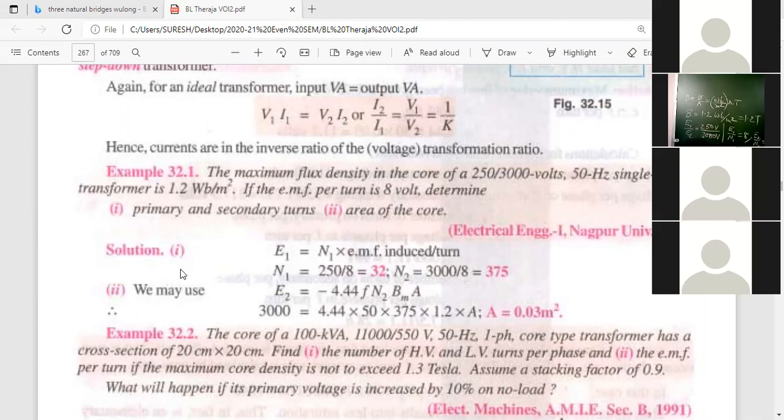Then what is he asking in the problem? Primary and secondary turns, N1 and N2. See here, I will take transformation ratio K. K is equal to E2 by E1, that is equal to N2 by N1.